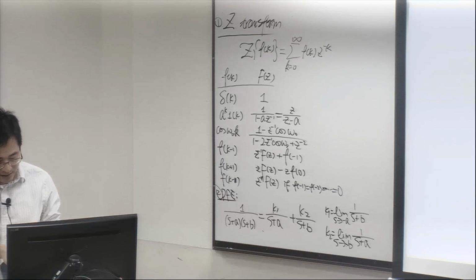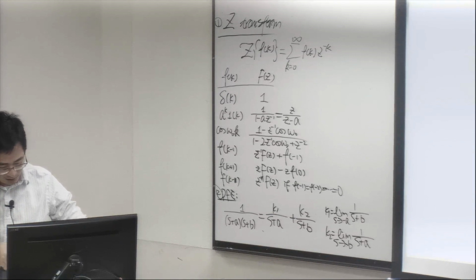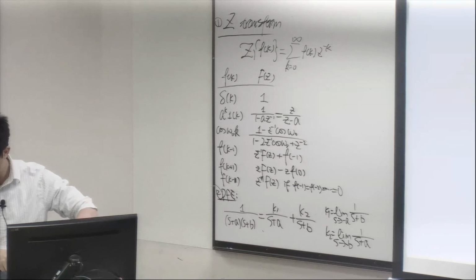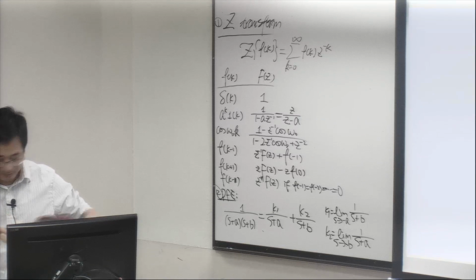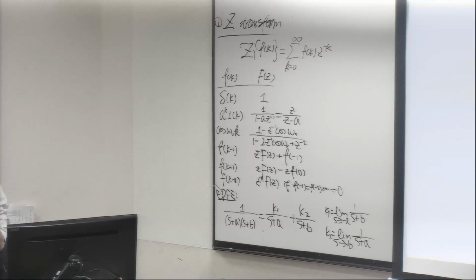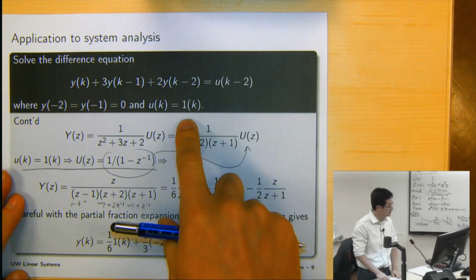We have this discrete time system, input and output. The initial condition is 0, and the input is a step function, 1 of k.